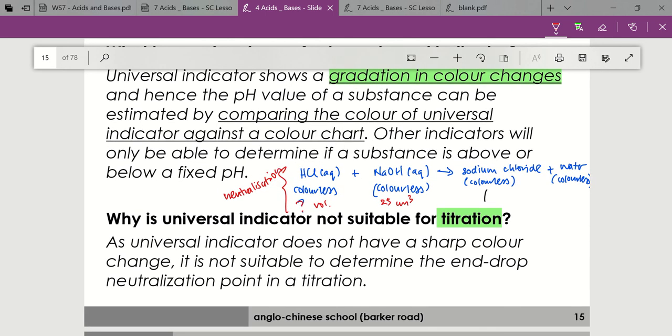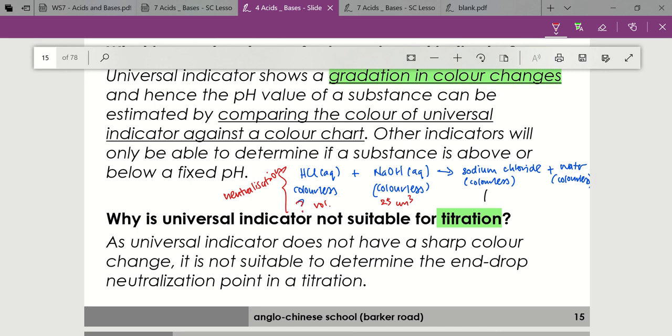I wouldn't be able to determine the volume of hydrochloric acid required, because in this case, everything that I see is colorless, which is why in such a scenario, if I want to determine what is the volume of acid required, I'll need to have a very clear observable change, right?